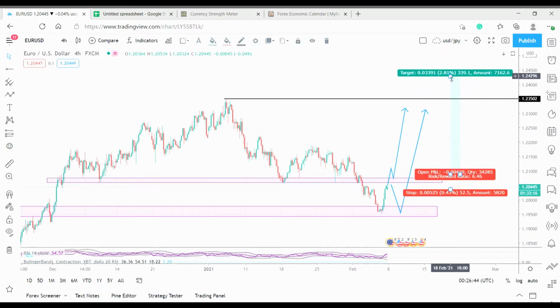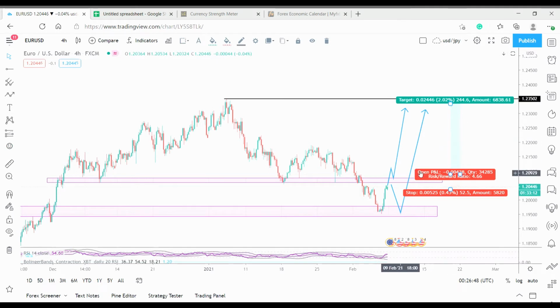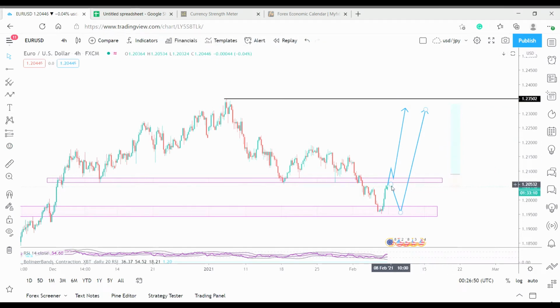Or it might bounce back right at this level, hit towards the initial support line, and maybe we can see some clear rejection signs, maybe form some double bottom structure before we go ahead and take a long position towards our target.